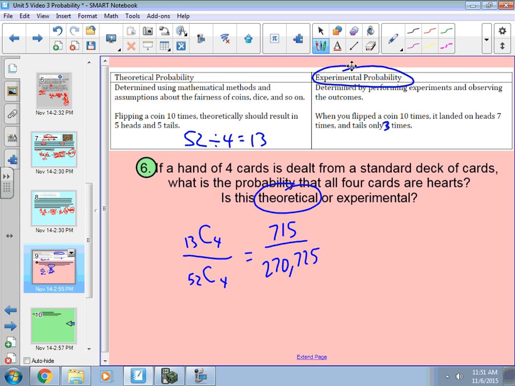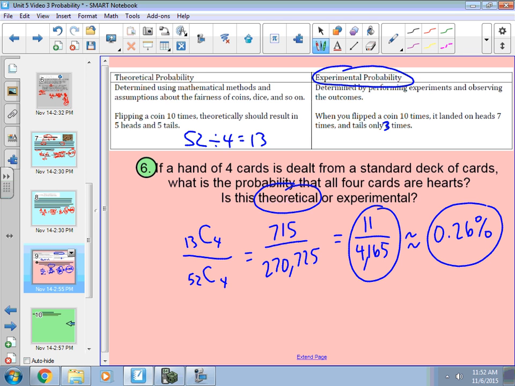So if you divide that, you've got 11 out of 4,165 would be the probability, or that's about 0.26%. Not very likely that if you just randomly deal 4 cards, all 4 come up hearts.